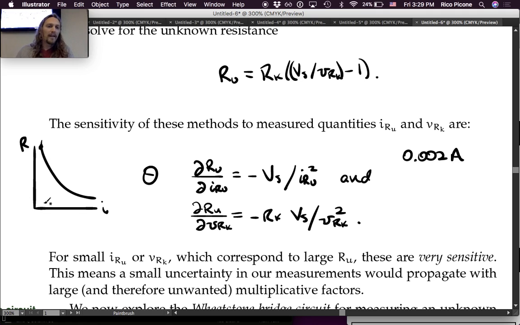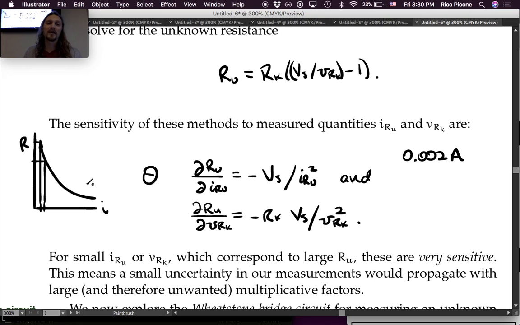So if you have this interval of confidence in your measurement of the current, let's follow that up and look at what it looks like in resistance. It's much larger, right? A little bit of error in I becomes a huge error in R. And as you get smaller and smaller current, that problem gets worse and worse.